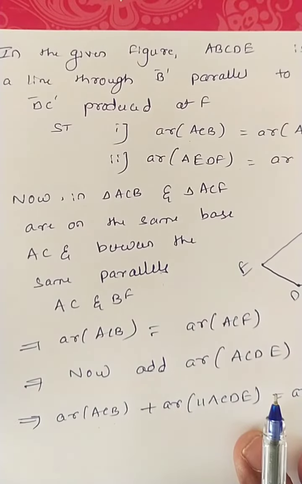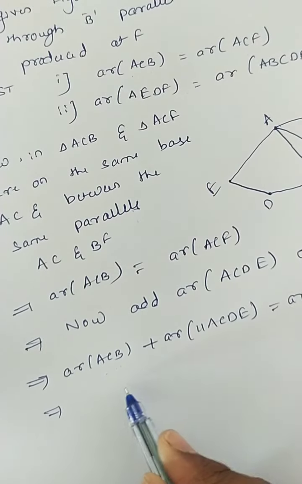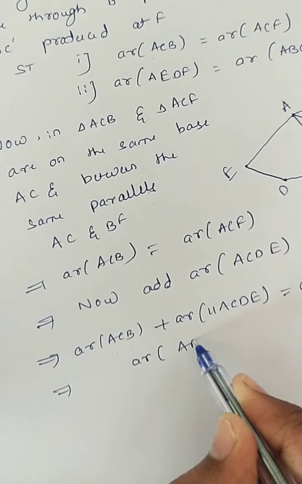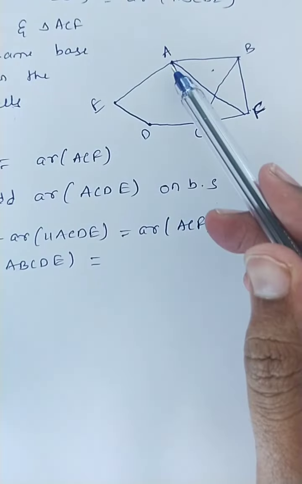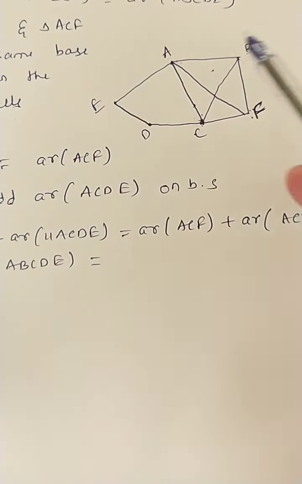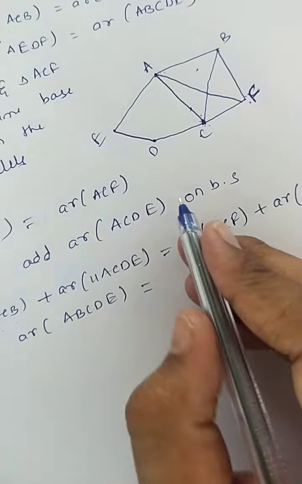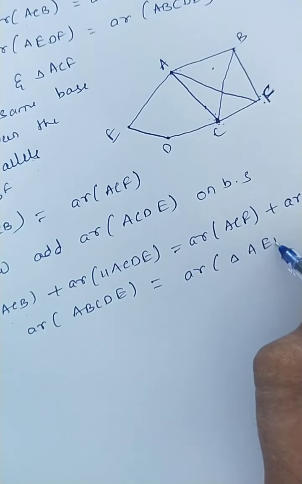That is the area of pentagon ABCDE. The area of triangle ACF plus the area of ACDE, what can we write? That is AEDF.